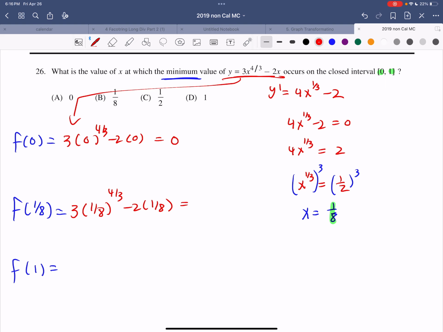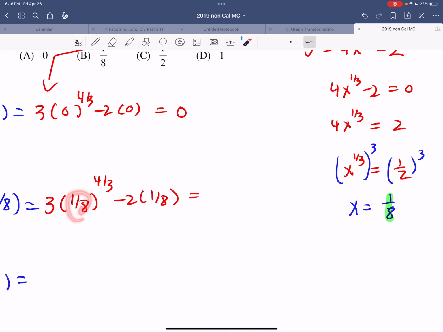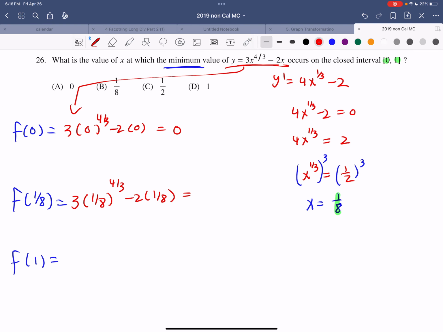I don't even know what this ugly number is going to be, but what I know is if you have a higher exponent here, the fraction becomes a smaller number. And this one is another small number. So this is going to be most likely a somewhat negative number. It's going to be very small. Why is it going to be negative? So it's going to be negative 1/4 here.